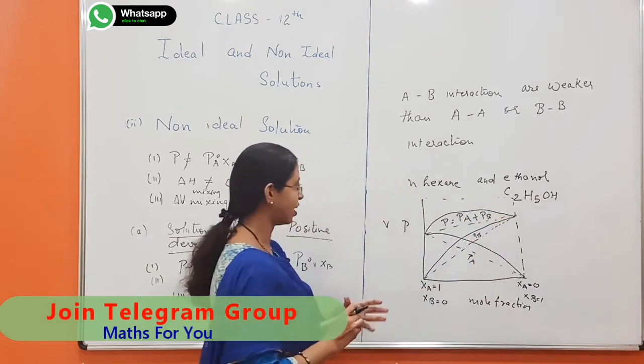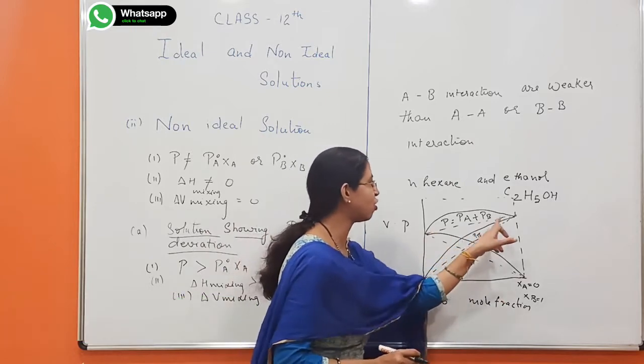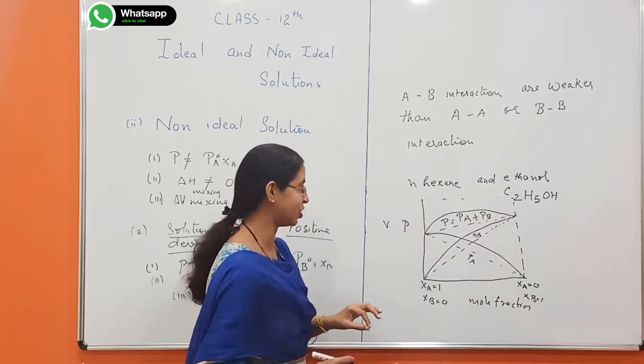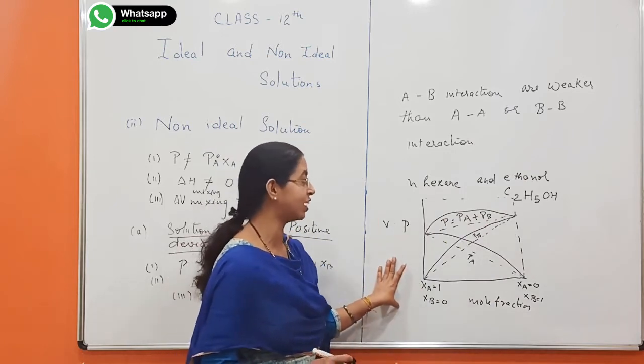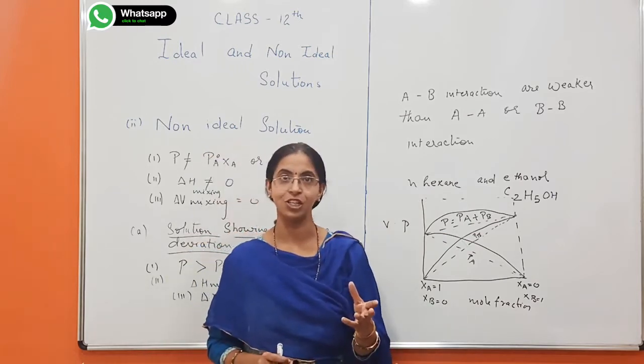So, here is the partial pressure of A, the partial pressure of B, and this is the partial pressure of the solution. So this type of graph is shown for the non-ideal solution with the positive deviation.